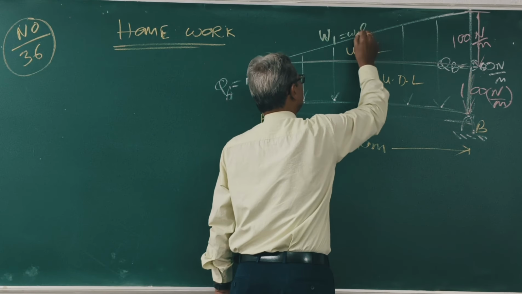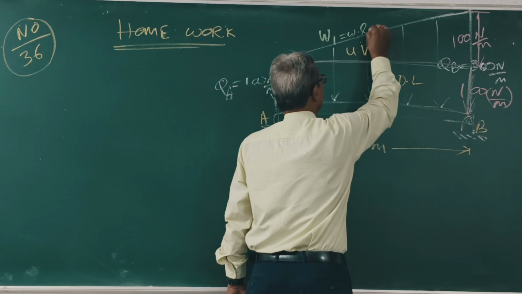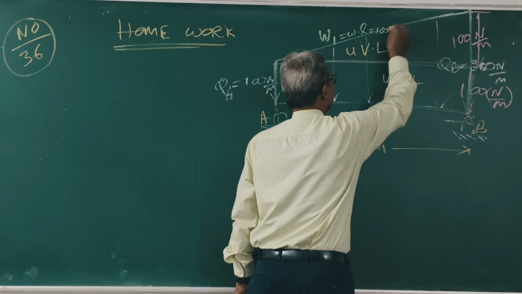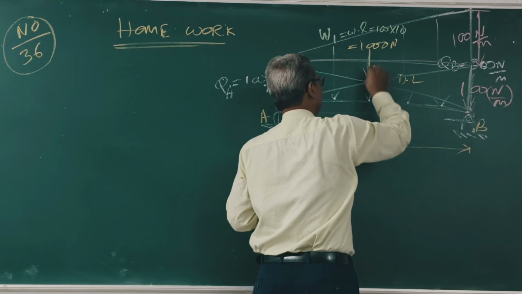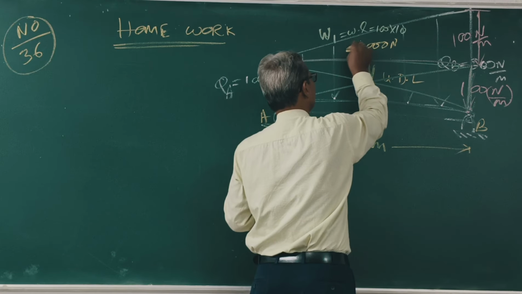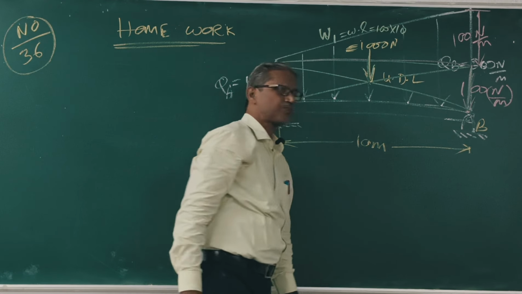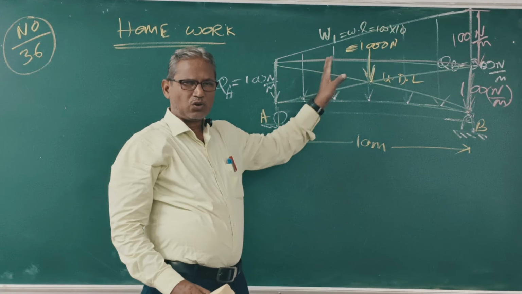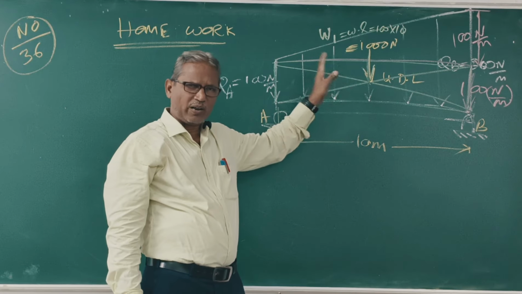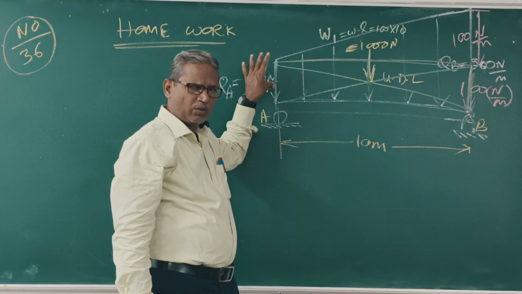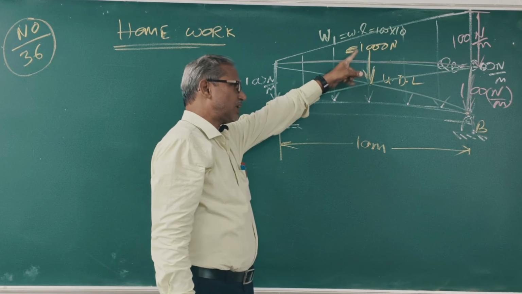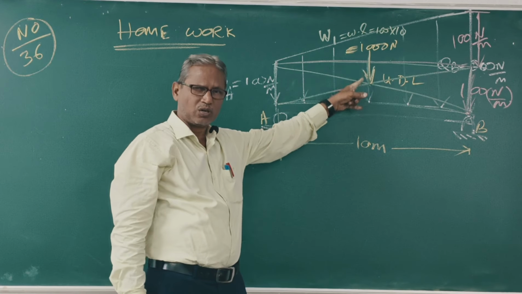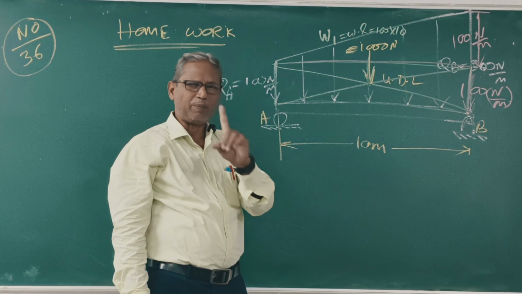W into L. W is 100 Newton per meter, L is 10 meter. So total load is 10 into 100, 1000 Newton, acting at L by 2.